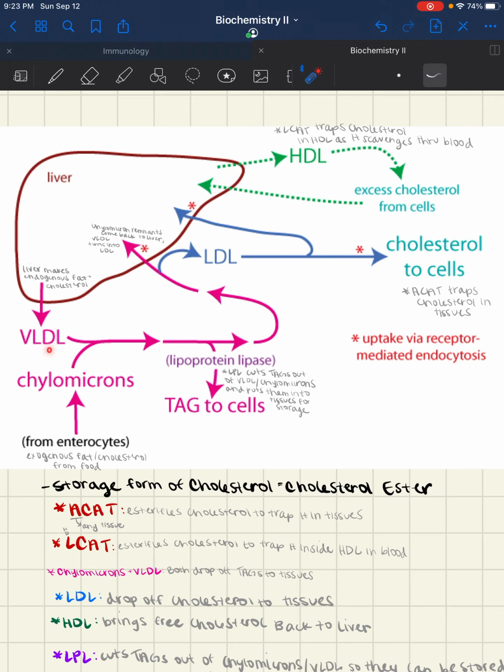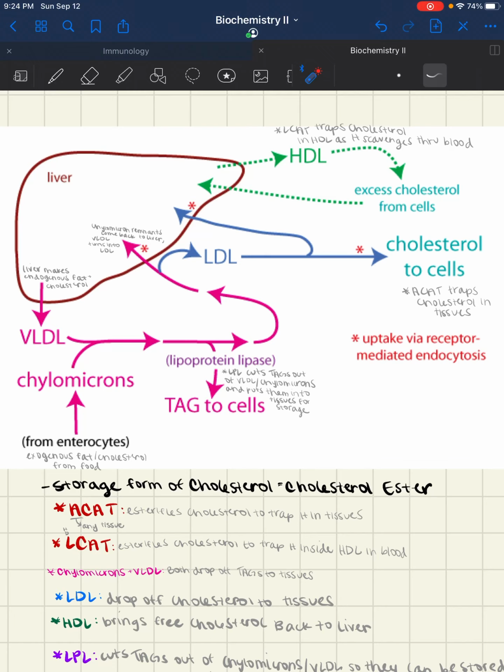So when VLDL and chylomicrons drop off tags, the way that they do that is through lipoprotein lipase. So this is an enzyme. So lipases cut lipids, and we're talking about lipoproteins here. So lipoprotein lipase is sitting on the surface of adipocytes and other cells, but we're focusing on fat tissue here.